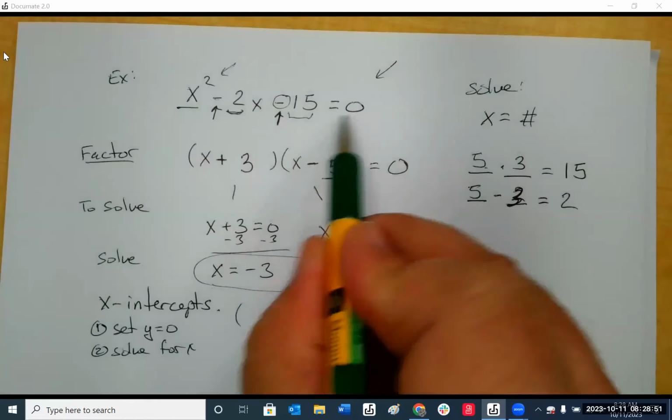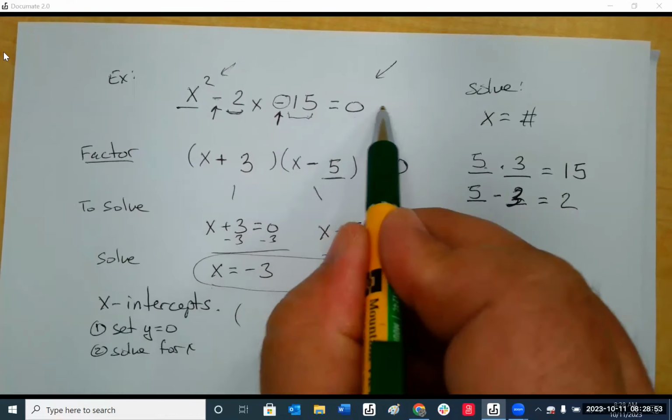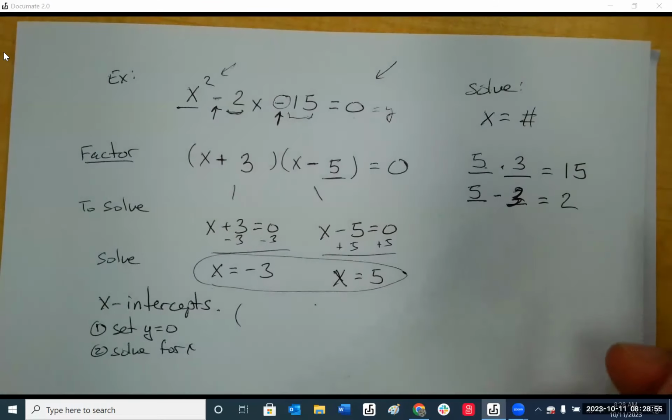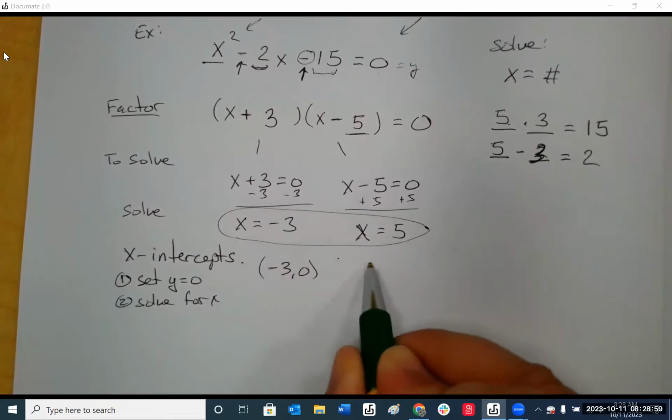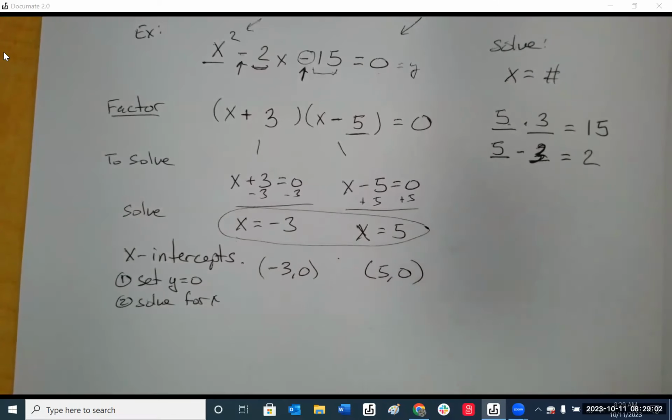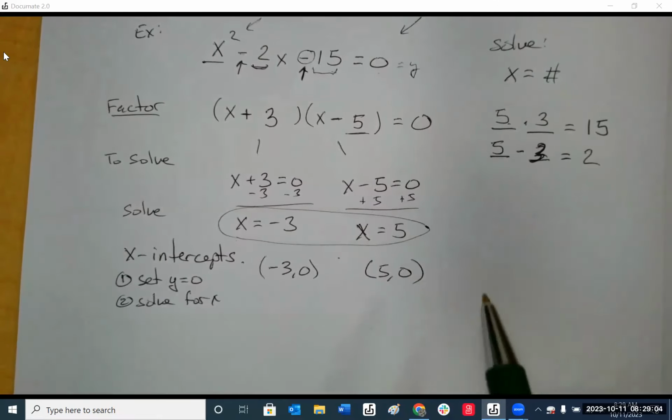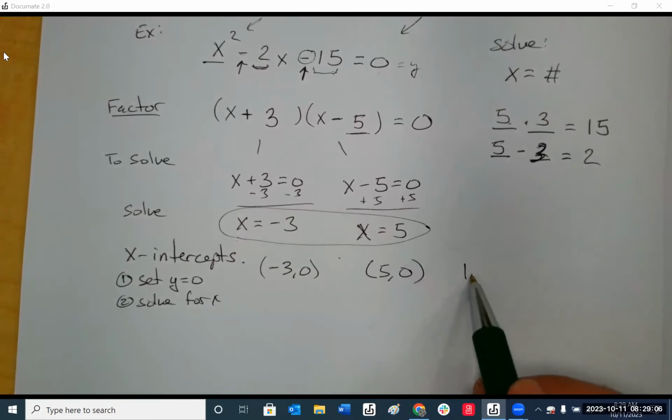And that's what we did. We set the equation equal to 0. This is what y is. And we got the x value. So it's (-3, 0) and (5, 0). Those are the x-intercept locations.